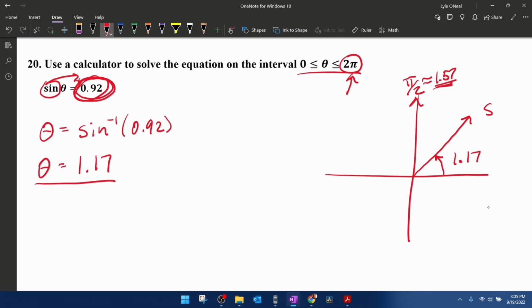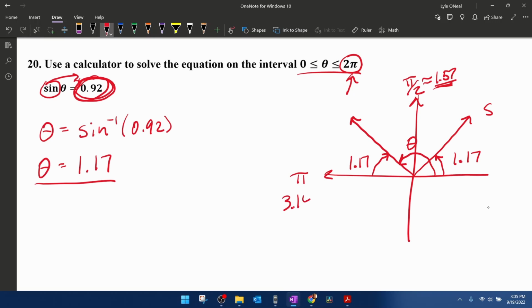We know that sine is also positive in the second quadrant. And so this means that I'm going to have a reference angle of 1.17 in the second quadrant that will produce the same y value. And so now I have to figure out, well, what is this angle theta here? Well, that's not bad because I know that this is pi.